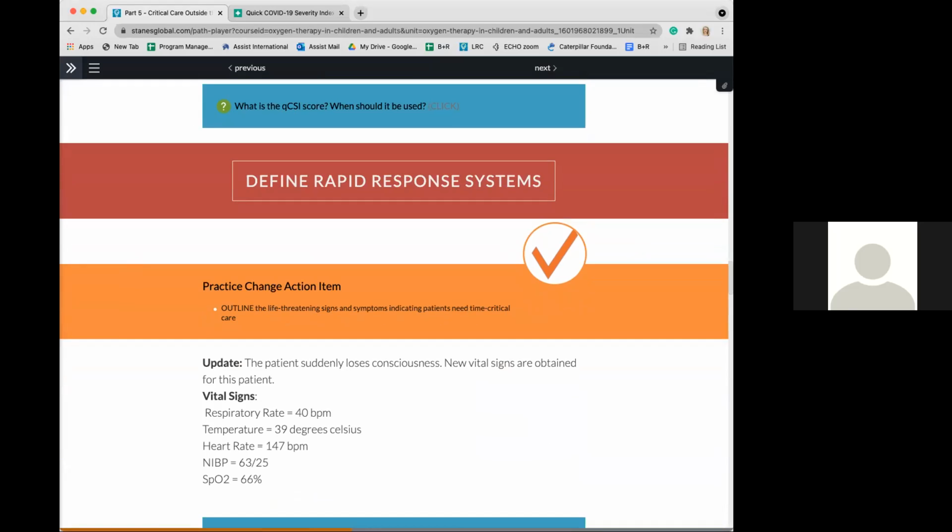And the good thing is these scoring systems are very simple. They are based on very basic parameters, very basic vital signs, and they will guide us on what appropriate action to undertake. The scoring systems can also be done in addition to our clinical judgment.